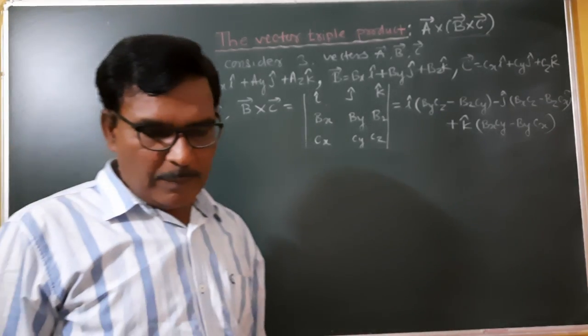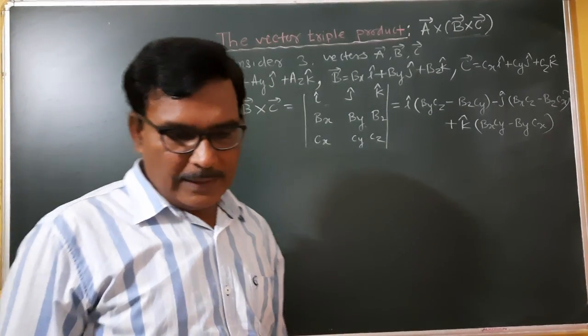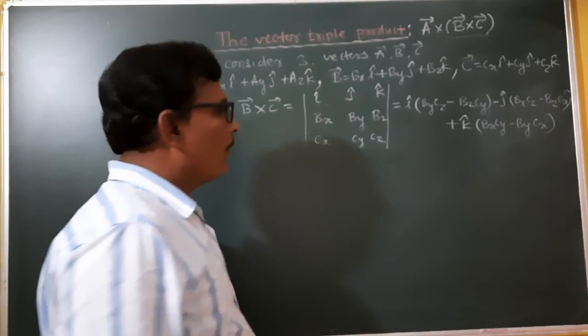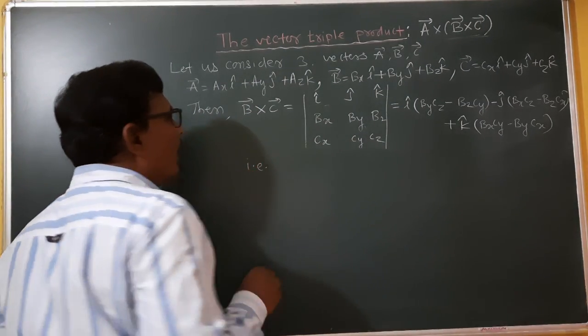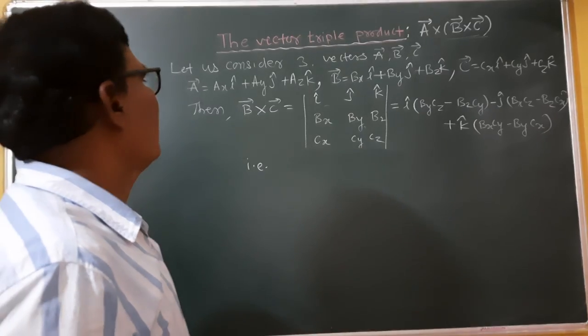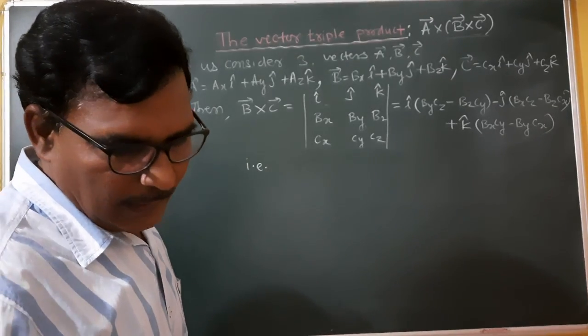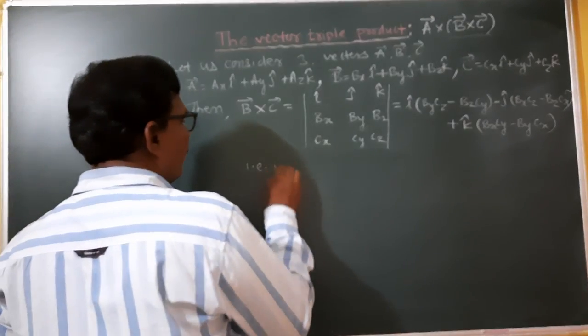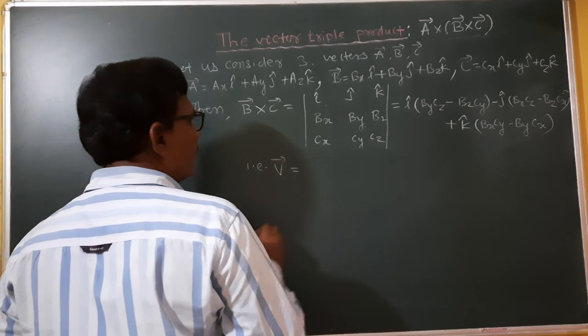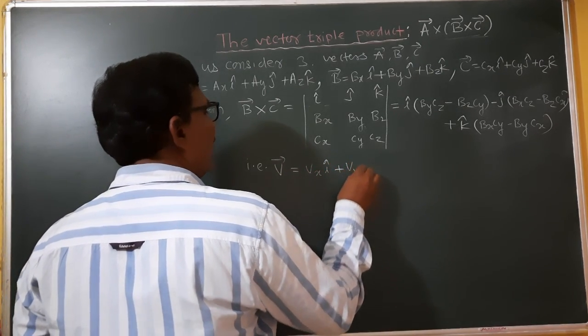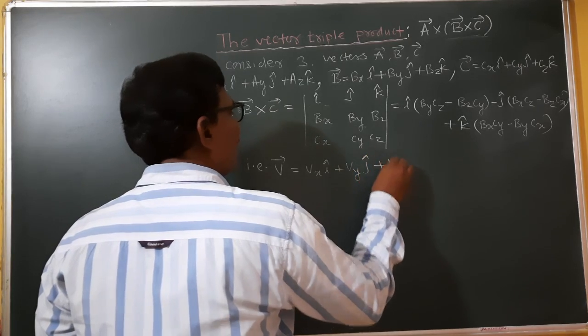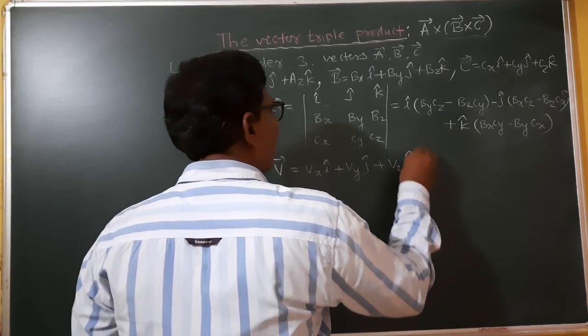Now this B bar cross C bar is called V bar. Therefore V bar is equal to Vx into I cap plus Vy into J cap plus Vz into K cap.